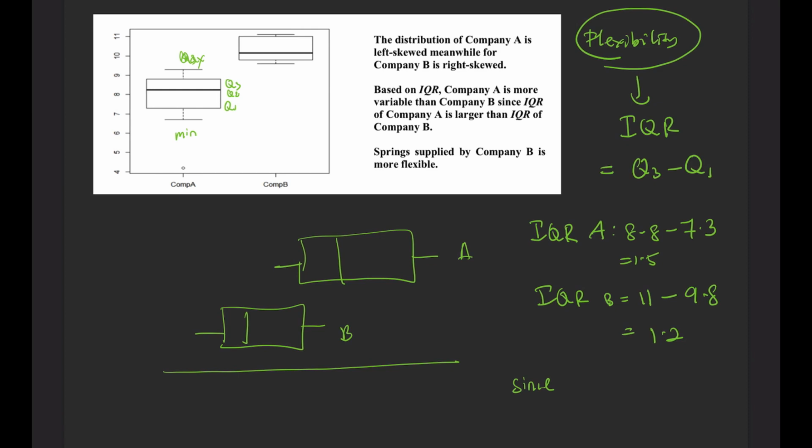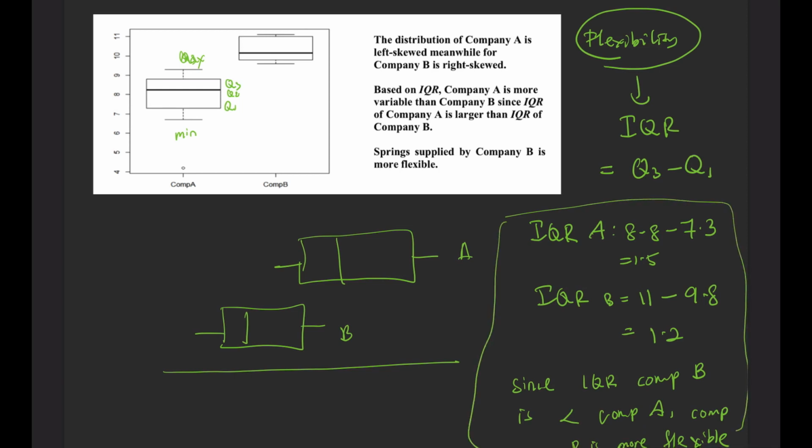Since IQR of company B is less than company A, company B is more flexible. So this is how you compare using IQR. Try to understand and do more exercises on drawing box plots.